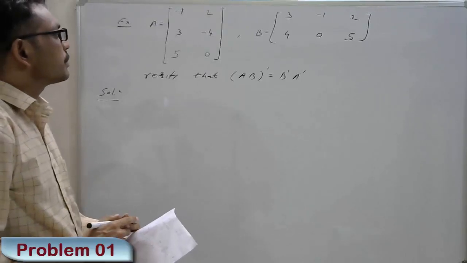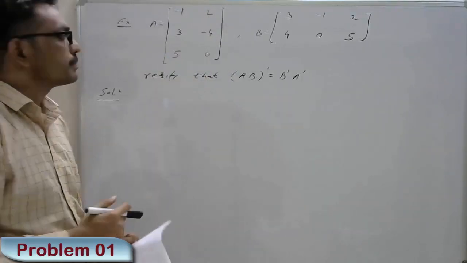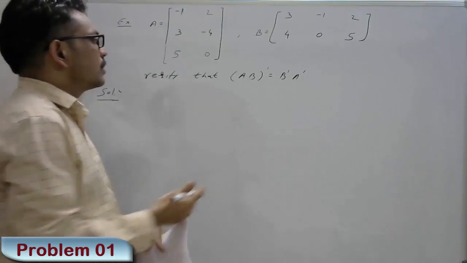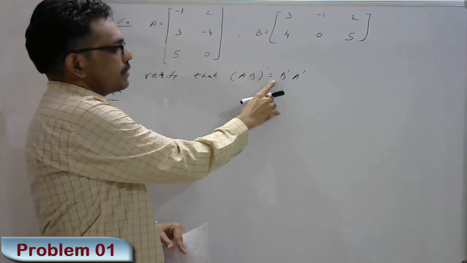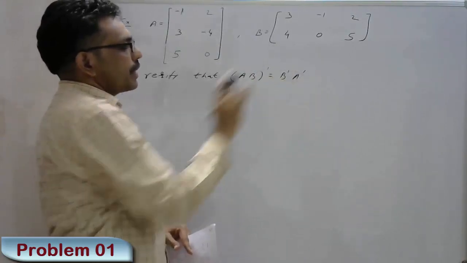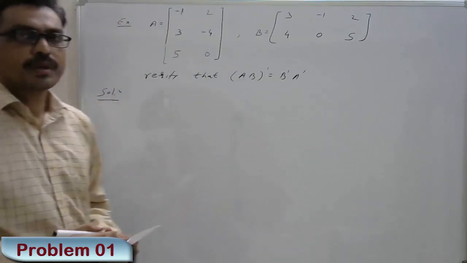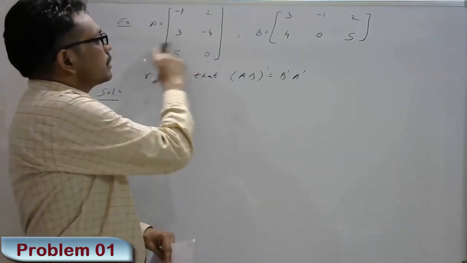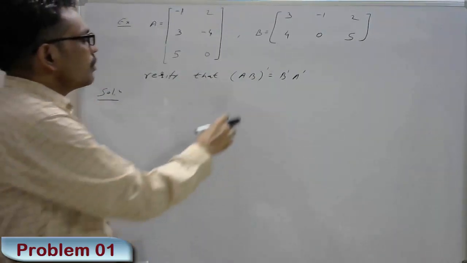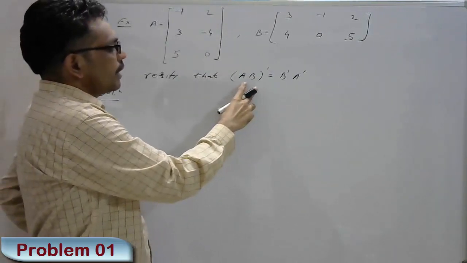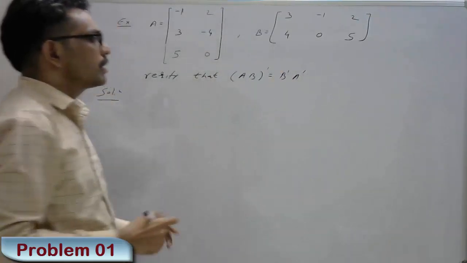In this problem, we are given the two matrices A and B, and we have to verify that the transpose of AB is equal to B transpose into A transpose.